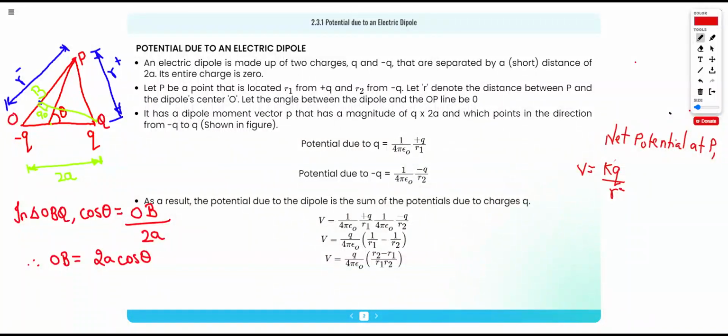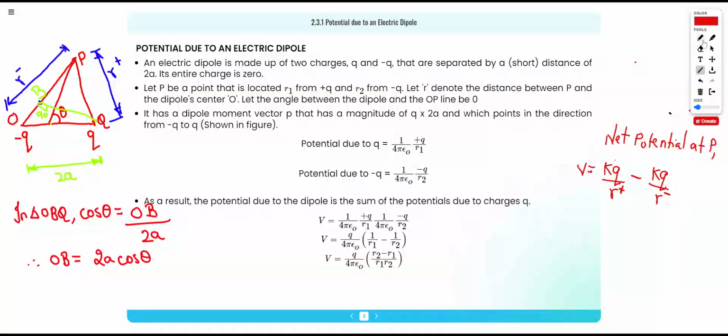If you want, you can write R plus, no issue. For the second one, it will be KQ over negative R. But here I will write the negative charge. Why? Because this Q is negative.